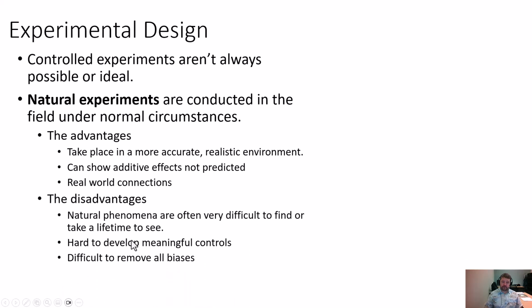Okay? There are disadvantages, though, for sure. You've got to tease out those additive effects. So sometimes you have these additive effects that compile, and you just get a bunch of noise.